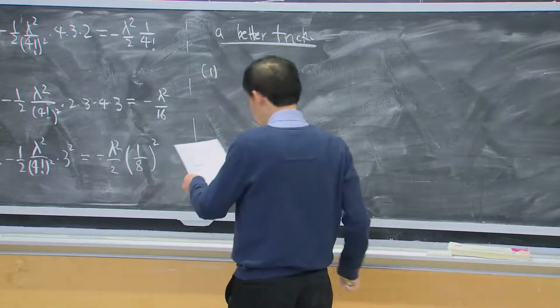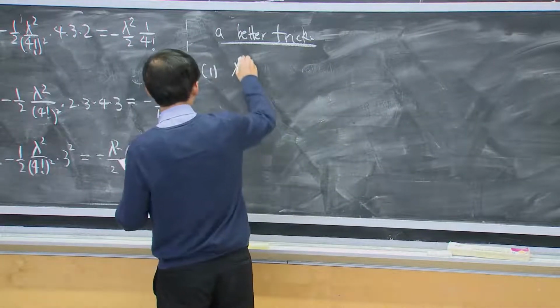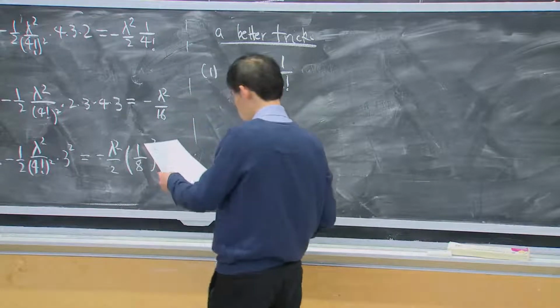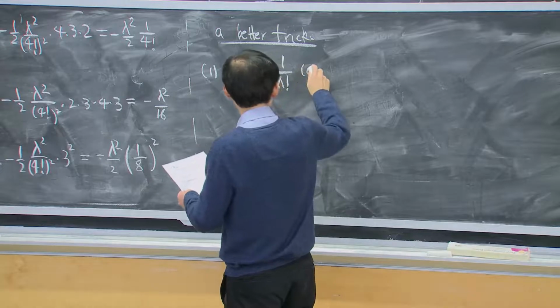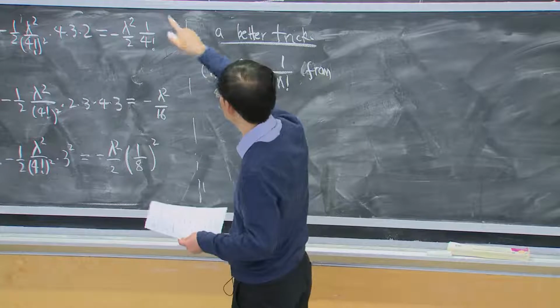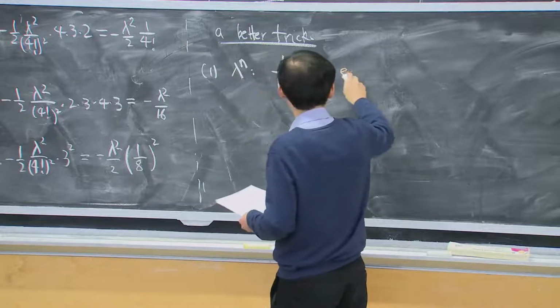So when you go to the lambda nth order, there's always an n factorial coming from expanding the exponential.